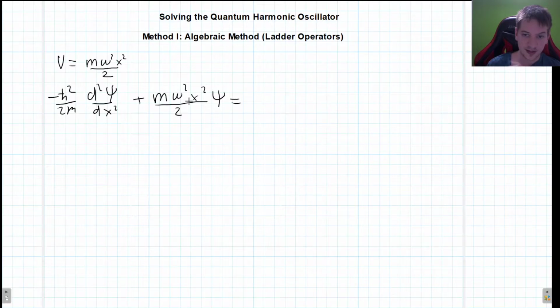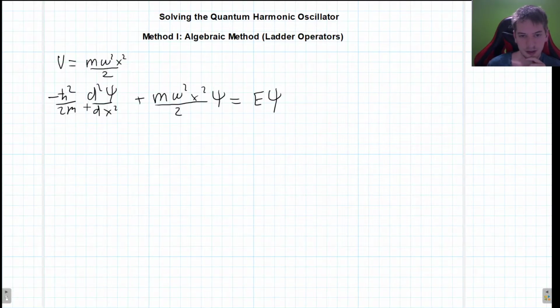This is obviously the time independent Schrödinger equation. I'm omitting the time factor here just for simplicity, but as we talked about in previous videos, this will be time independent unless we explicitly say so. So this is going to be energy times psi. Okay, so how do we solve this?